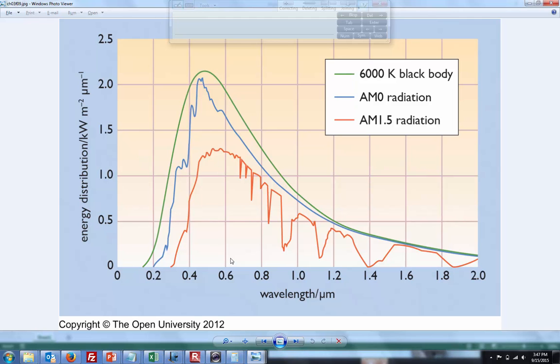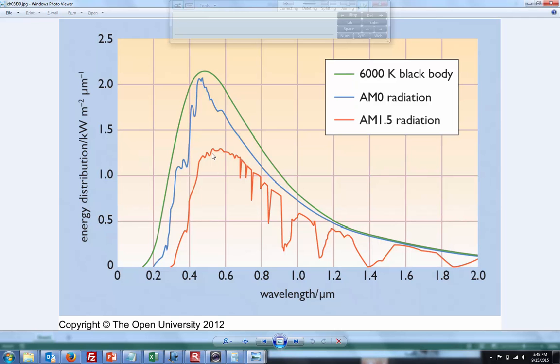This figure is always a tiny bit off-putting to me. I guess this green line is the theoretical black-body radiation from the Stefan-Boltzmann equation. This is what the sun is actually doing. So if we read here, it says the spectral power distribution of solar radiation corresponding to air mass 0, and obviously down here, air mass 1.5, where a lot of the light is attenuated.